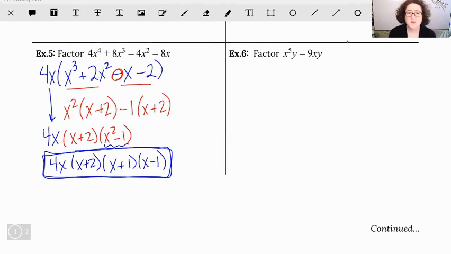Well, both of them, I could take out an x and a y. Now, granted, there's more x's. I have x to the 5th in that first term, but the maximum number of x's in that second term is only an x. So my GCF is x, y. So if I factor that out, I'm going to be left with x to the 4 minus 9.